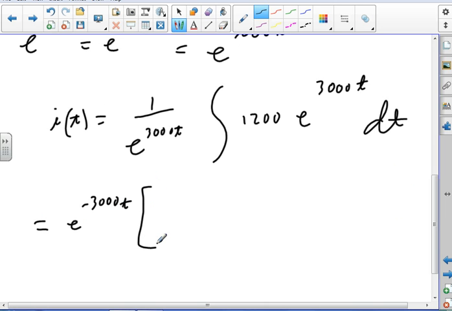All right, now that integral is going to be e to the 3,000 t over 3,000. That's what it's going to be.